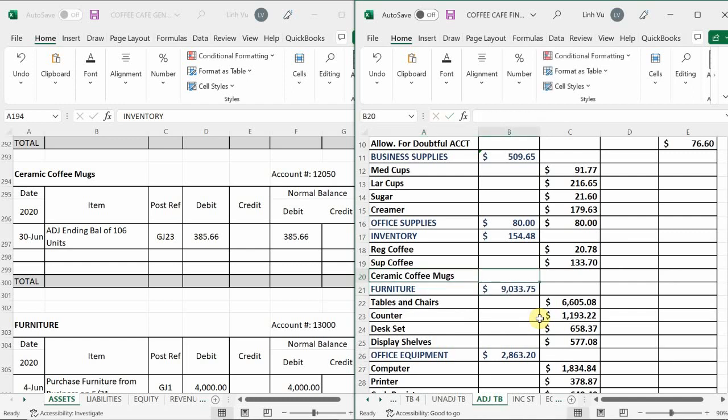Okay? How much was that ceramic coffee mugs that I have left remaining in inventory? What's my total value of my ending balance in my coffee mugs?